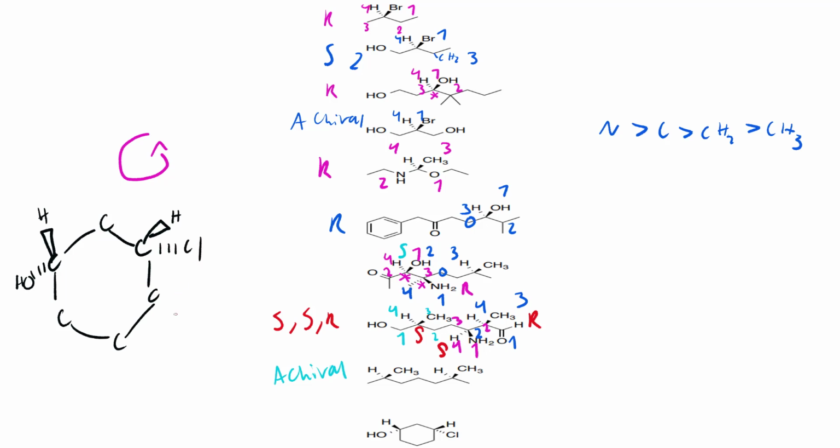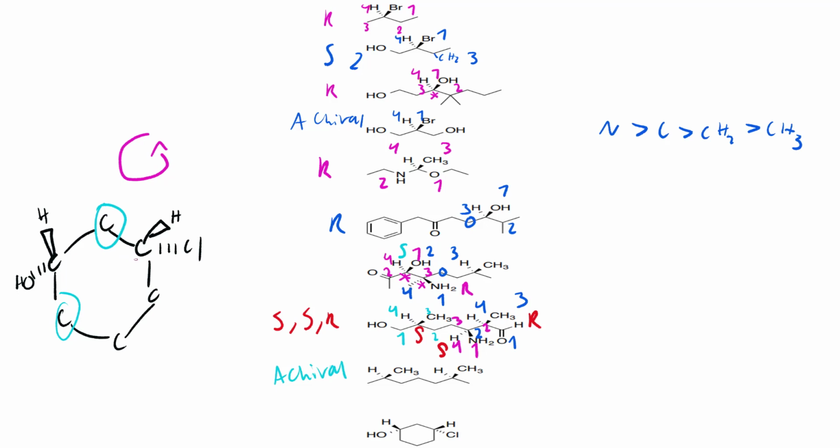Okay, so here's the difference. We have 2 carbons that are possible chiral centers. Okay, they're possible. But here's the difference. This carbon is attached to 2 hydrogens, and so is this carbon with 2 hydrogens.